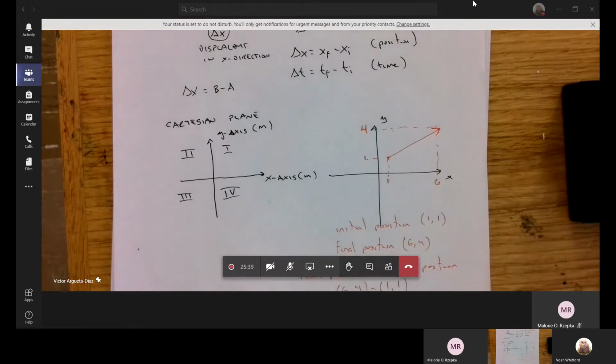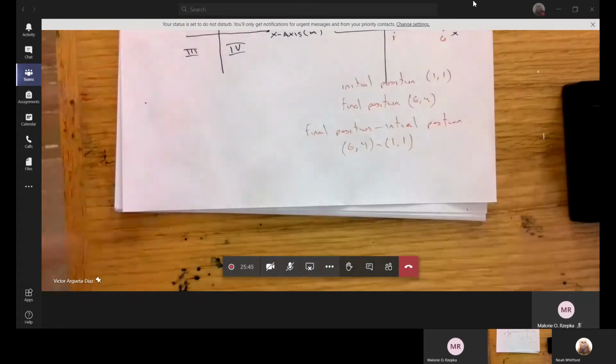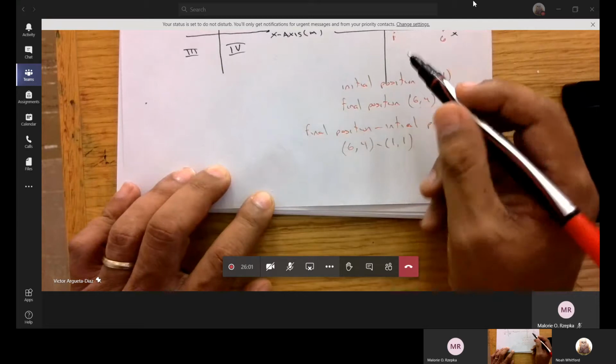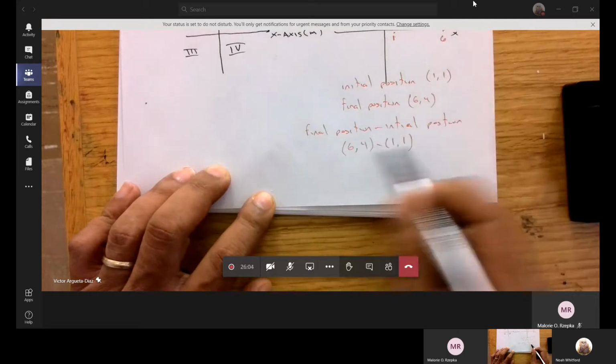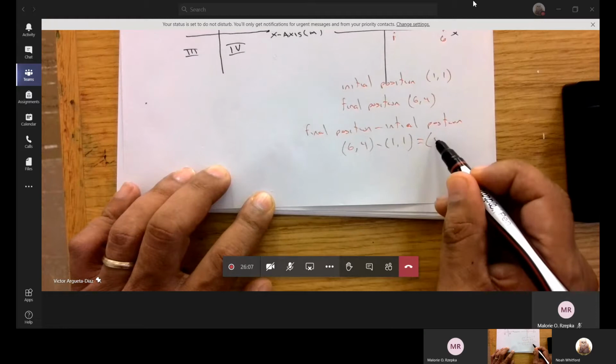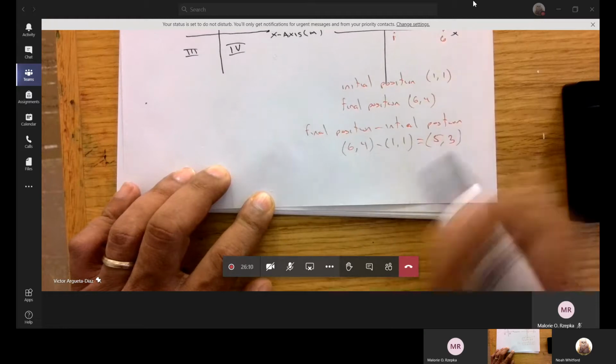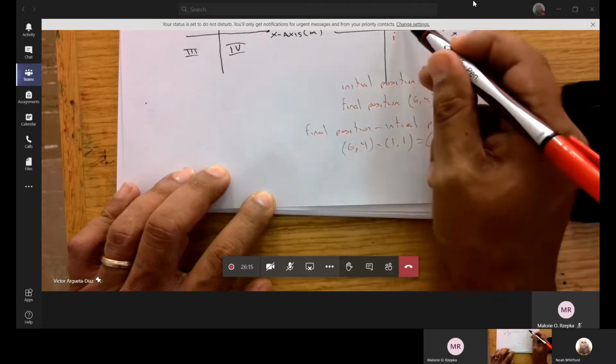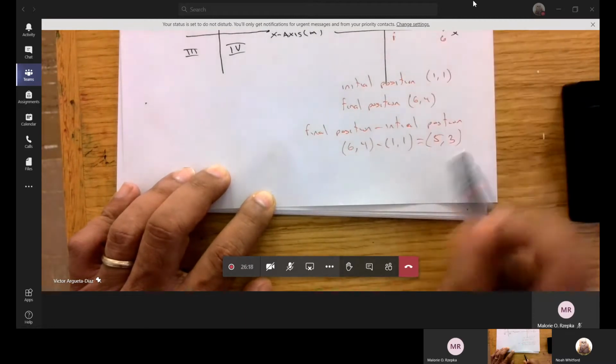And what I'm going to do is subtract the x's with the x's and the y's with the y's. And that's to find the displacement, correct? Yes, this is just to calculate the displacement of this vector. Not the magnitude, just the vector. So this will be 5, 3. If I can still do math, that will be 5, 3. So this vector is 5, 3.